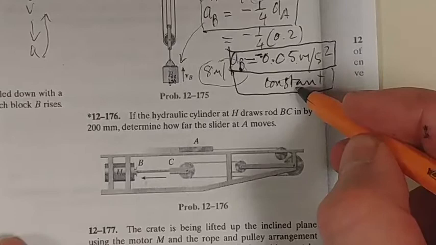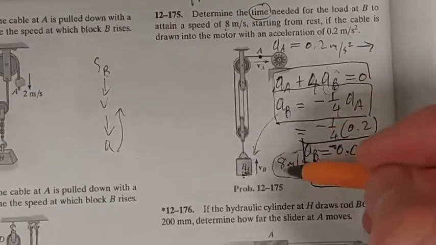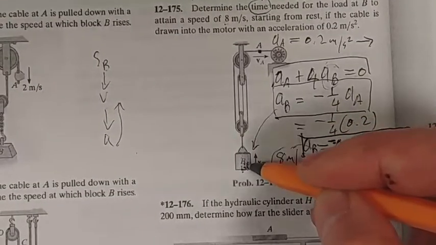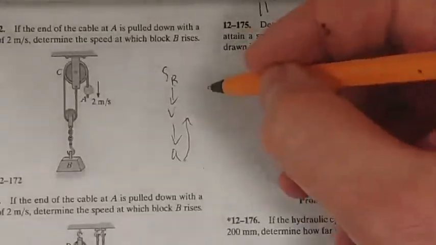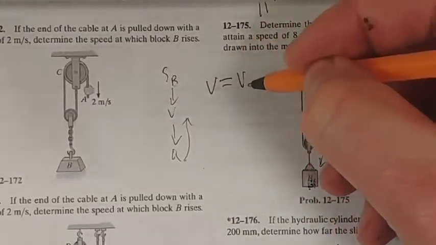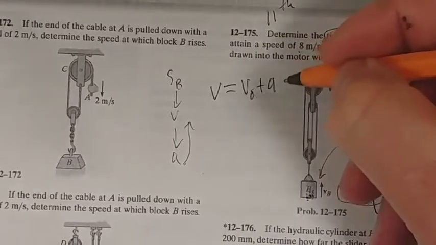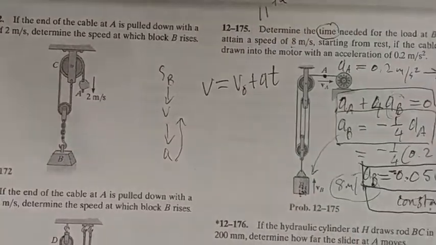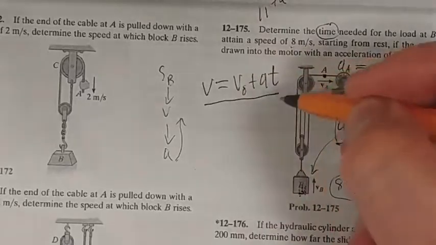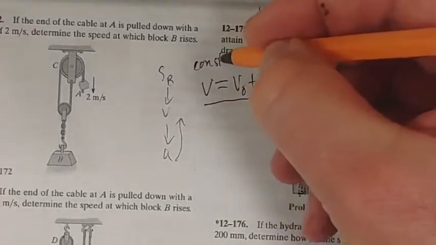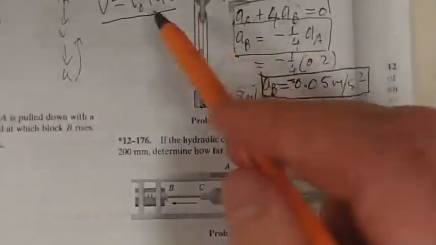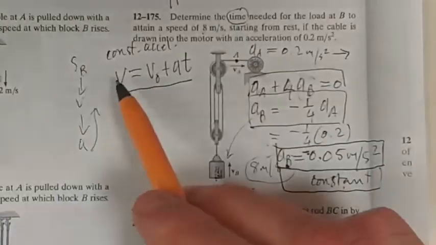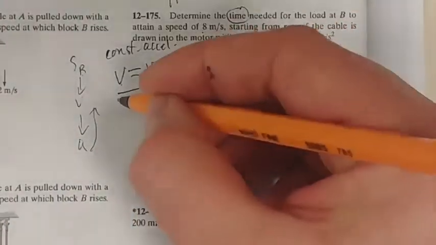Acceleration of B is minus 0.05 meters per second squared. It is constant. And we're looking for the time it takes for this block, starting from rest, to reach 8 meters per second. Do you recall this equation? You can only use this for constant acceleration problems. So, we want the final velocity to be what? 8.